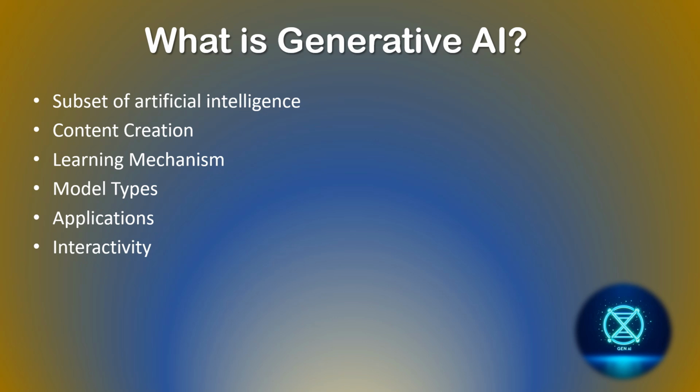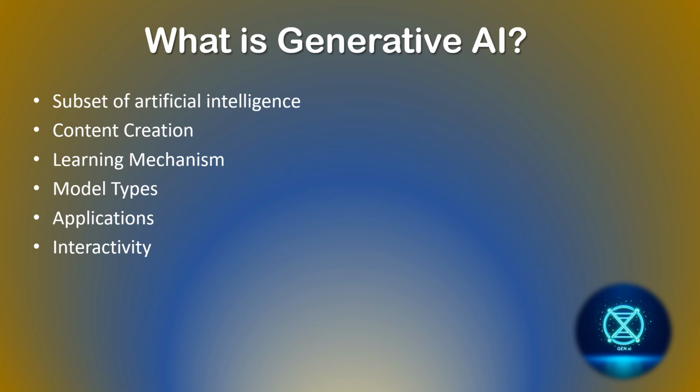Okay, so here you can see that it generates content. Content generation is one of the key concepts it has, as the name suggests, generative. Generating content is one of the key things it does. This new content could be text, images, audio, and more, based on learning patterns from the existing data.